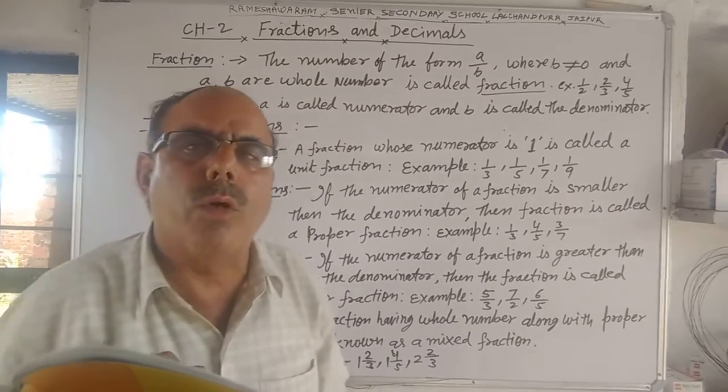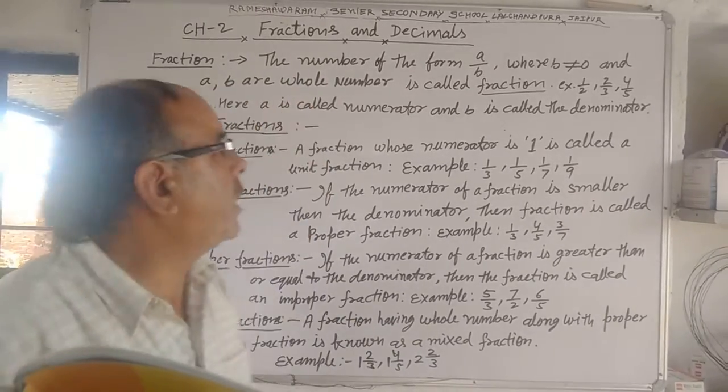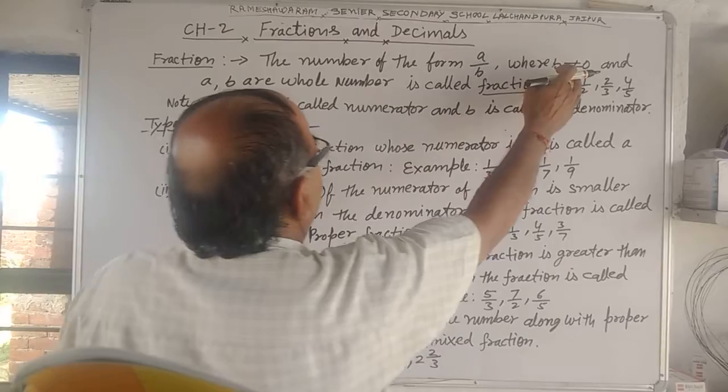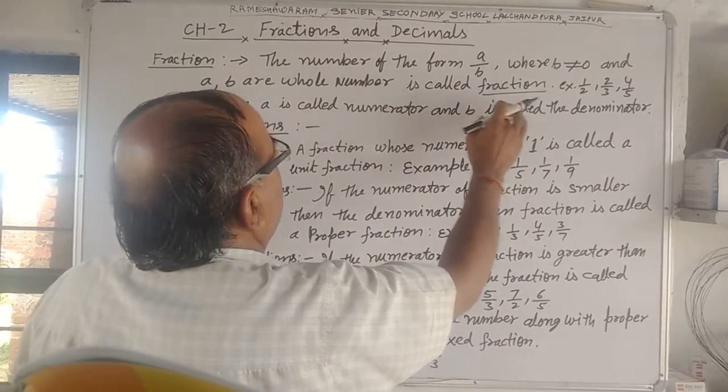It is called a whole number, 0 to infinity. But b is not equal to 0 for fractions.